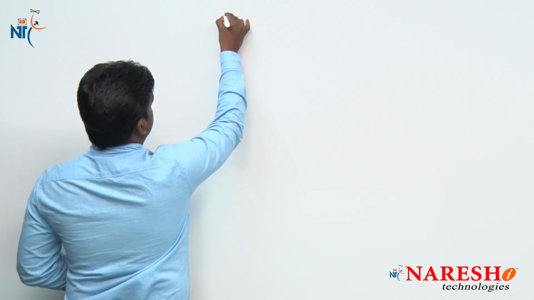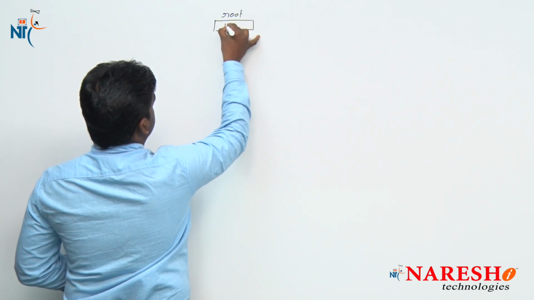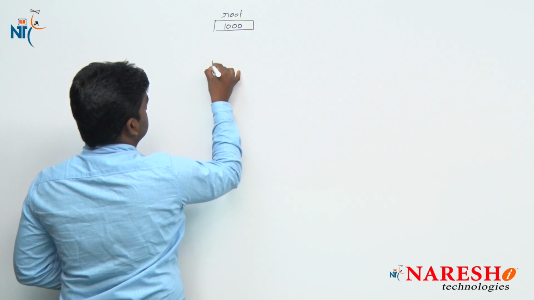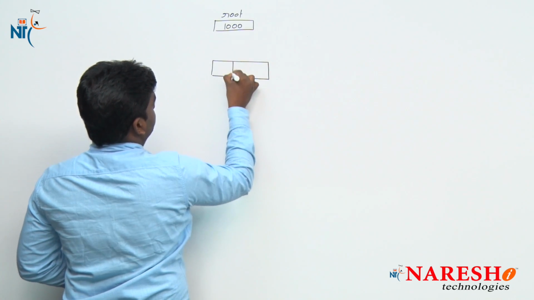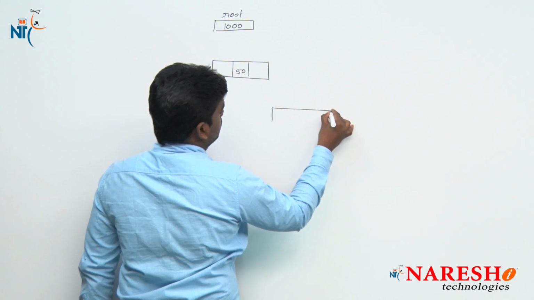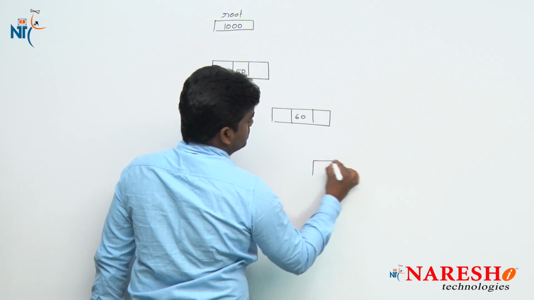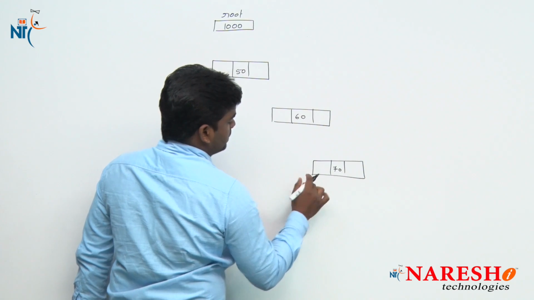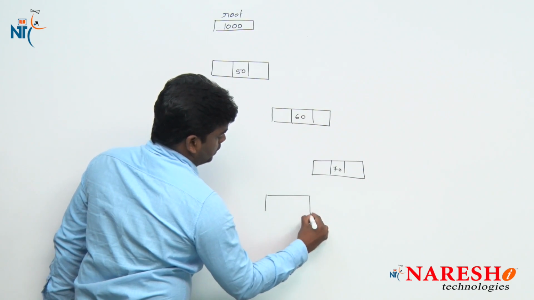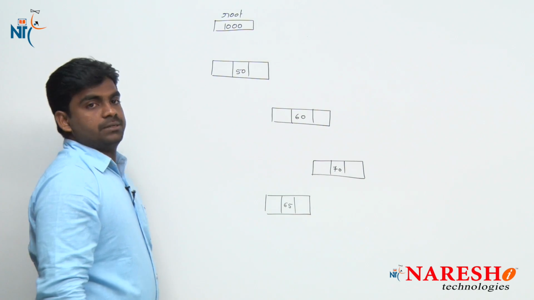For example, root is holding the first node address. This is the first node, 50. Next, this is one node, 60. This is one node, 70. This is one node, 65. Just consider that.